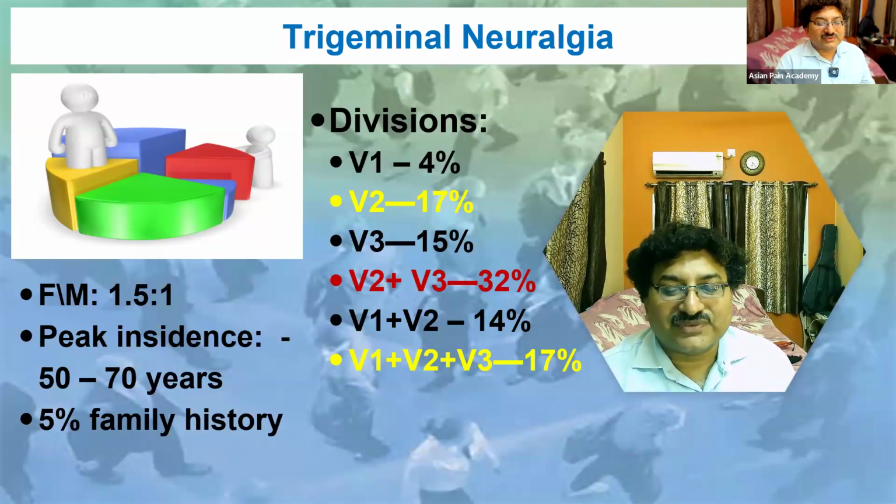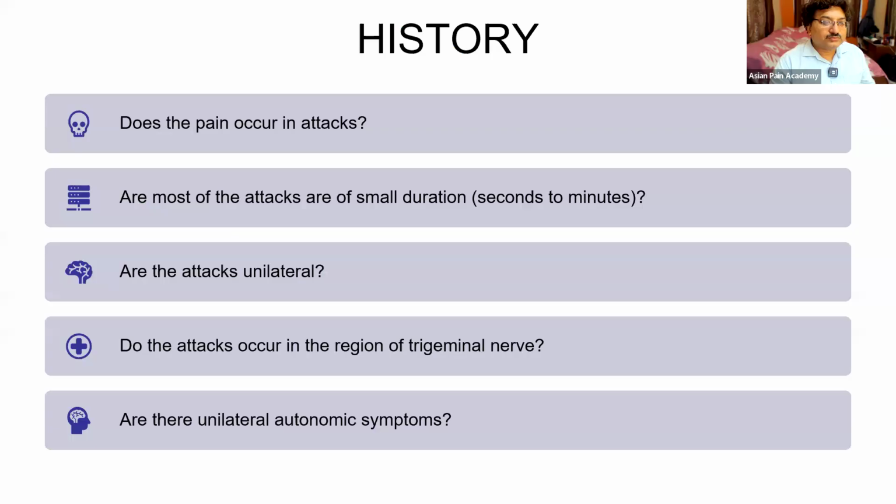Most cases are V2 plus V3, about 32%, and all three divisions in about 17% of cases. V1 is comparatively rare; V1 plus V2 occurs in around 14% of cases.